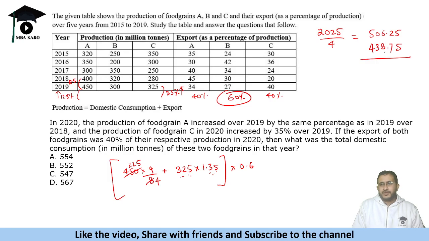So this will be the total value, 945. 945, its 60% or 3 by 5. 189 into 3 will be 567.